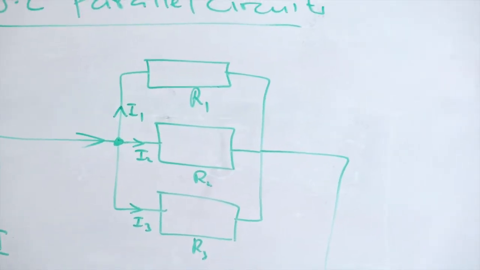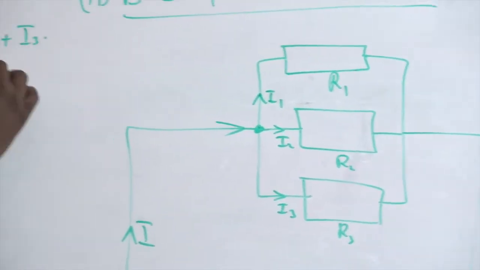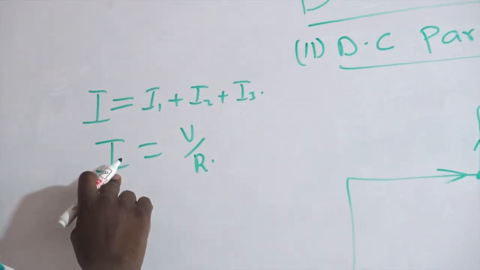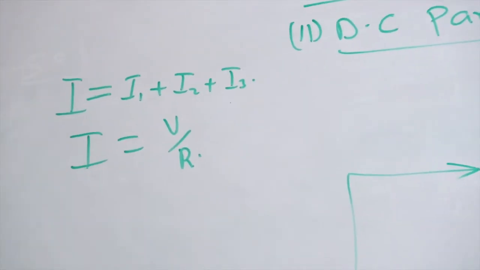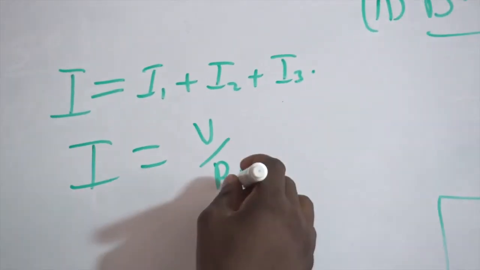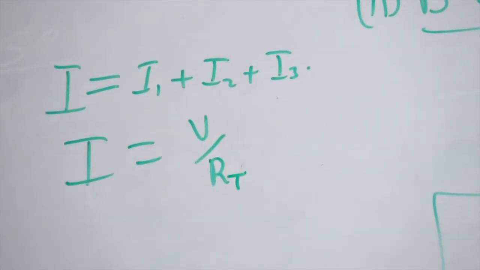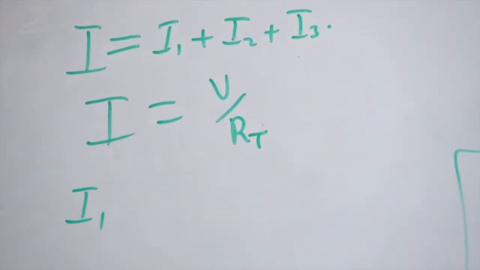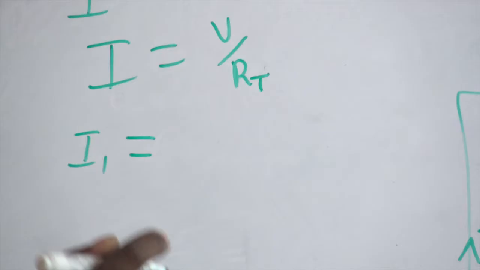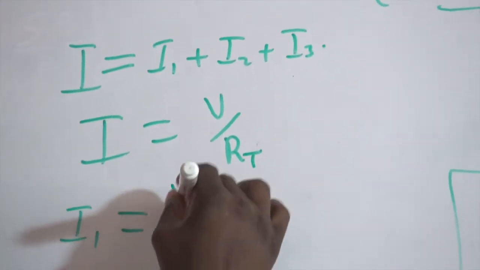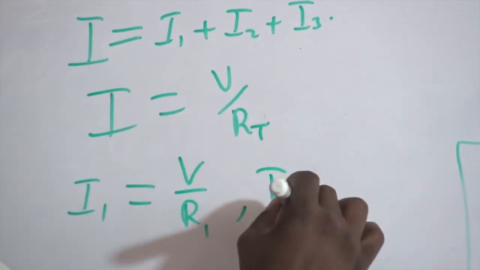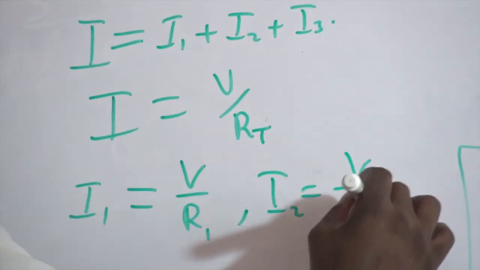Now, using Ohm's law, which states that I equals V over R, this is the total current in the circuit, and this is the total resistance in the circuit. So when we analyze for I1, it will be given by V, because V is common in the circuit, V over R1. And then I2 will be given by V over R2.